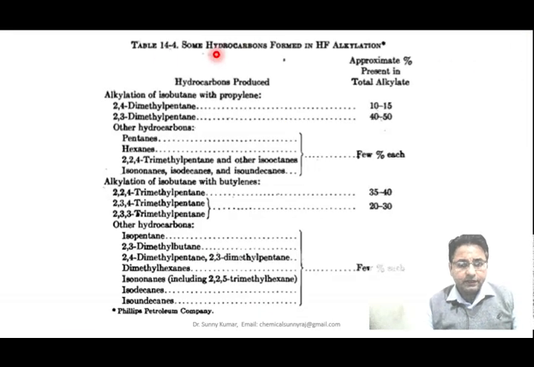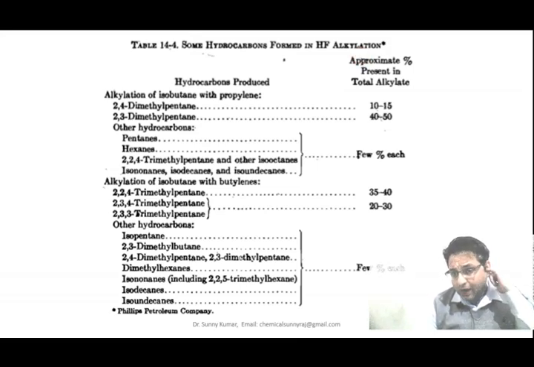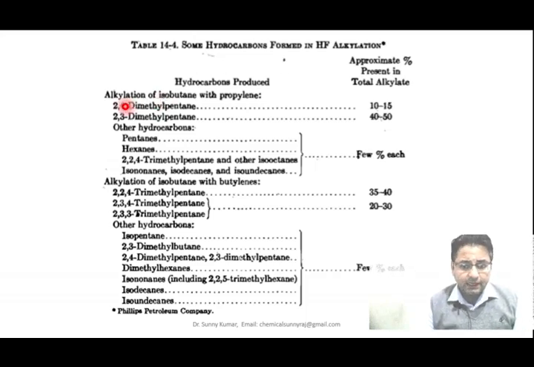So this is the 14.4 table, which describes some hydrocarbons formed in HF, hydrogen fluoride, alkylation. This is the catalyst generally used. For the hydrocarbon products of alkylation of isobutane with propylene, 2,4 dimethyl pentane is approximately 10 to 15 percent of total alkylate, and 2,3 dimethyl pentane is 40 to 50%.